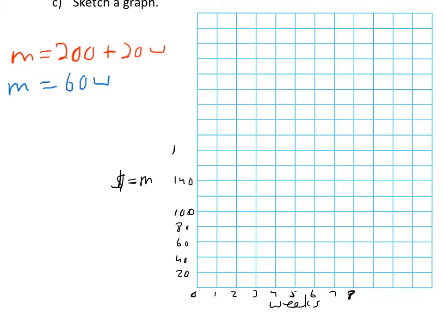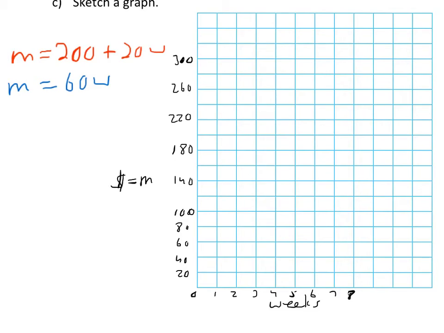So 20, 40, 60, 80, 100, 120, 140, 160, 180, 200, 220, 240, 260, 280, 300. And I can go more on each axis, but we'll go with that for now.